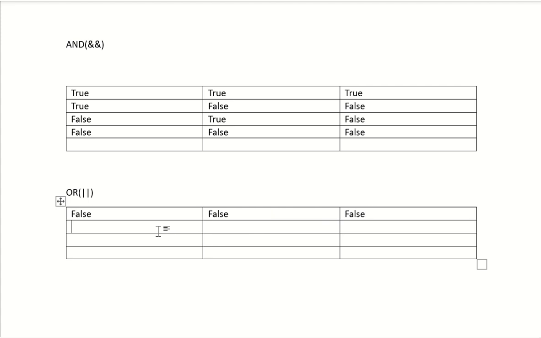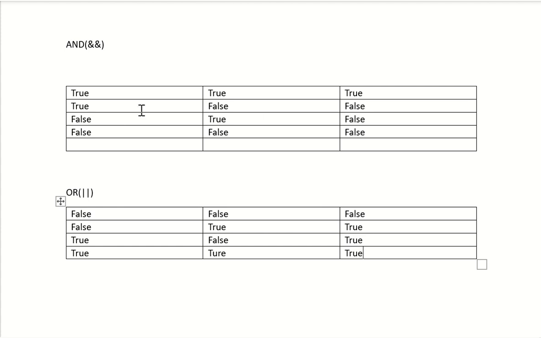Okay, false OR true is true. True OR false equals true. True OR true will be true. So you can understand that in the AND operator, if any condition is false, it is treated as false.